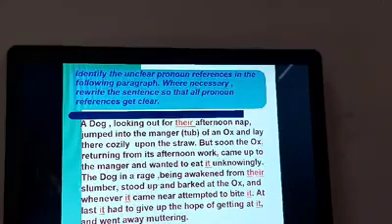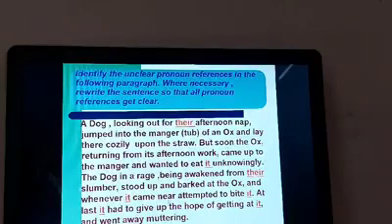The dog in a rage, being awakened from their slumber. Slumber means sleep. And here we should not use a plural pronoun for a singular subject. So the use of "their" is just wrong, not confusing. It is wrong. Okay, the dog in a rage, being awakened from their slumber, stood up and barked at the ox.